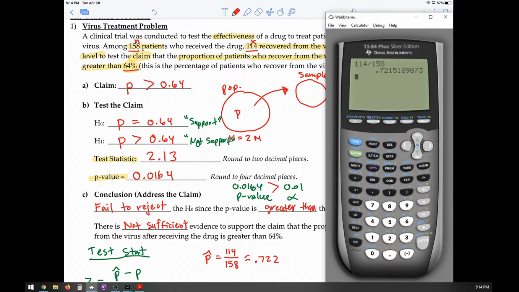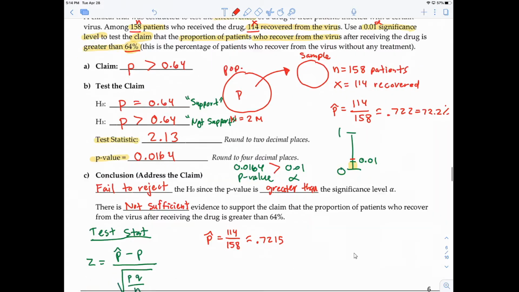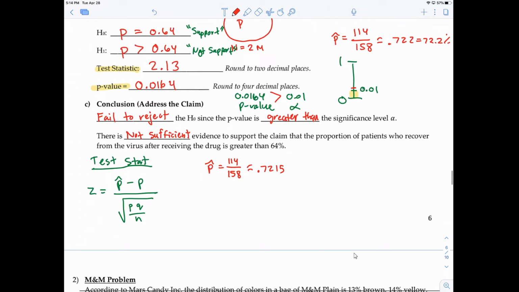I rounded to 3 decimal places, but if you want to be safe, we can round it to 4 decimal places. These are intermediate roundings, not final answer roundings, so it's always best to go a little bit further if you want. So 4 decimal places looks good. That's what that value is.